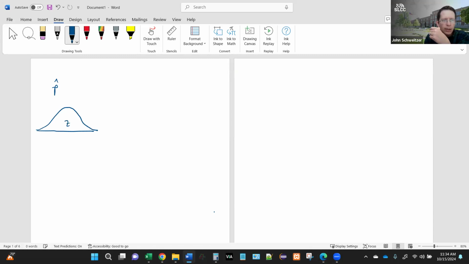And then that allowed us to create a confidence interval. So we went p hat plus or minus a critical z-score times the standard error for p hat. So that formula was the square root of p hat times 1 minus p hat over n. Okay, so that's chapter 3 stuff.